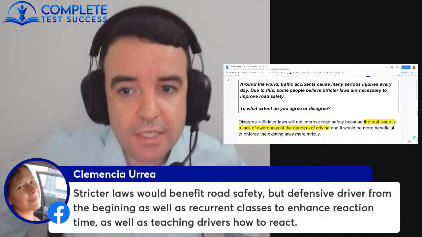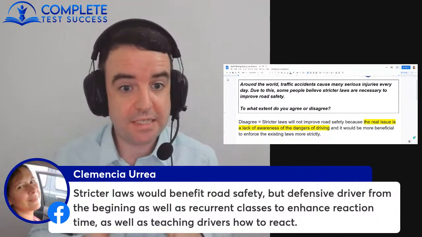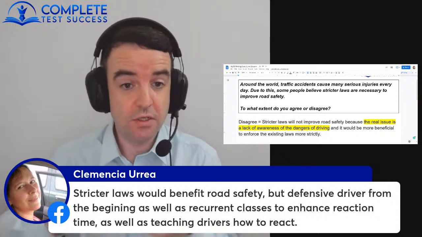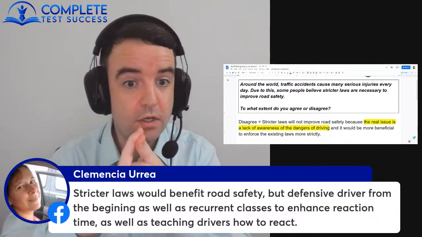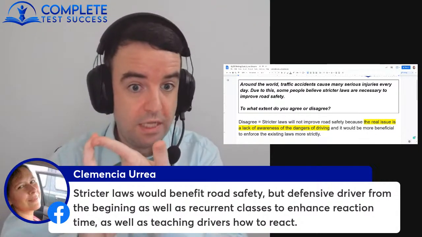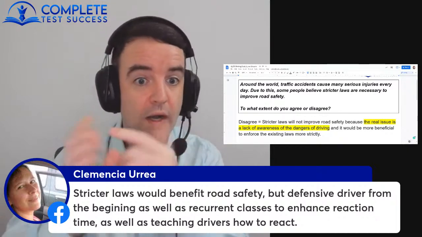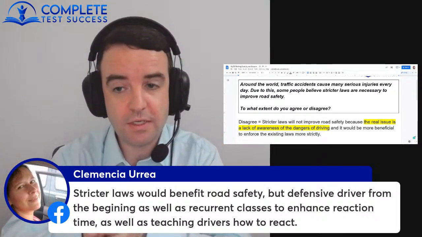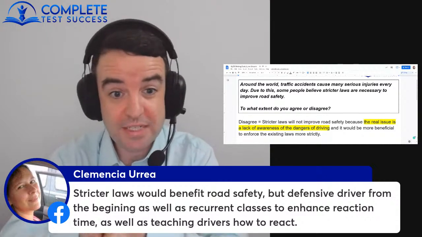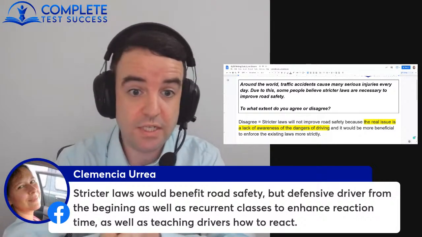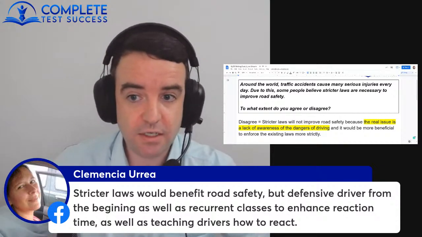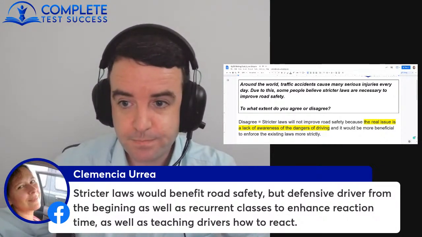So even though you're talking kind of loosely about the topic, you're not discussing what you've been asked to discuss, which is, will stricter laws work or will stricter laws not work? Those are your options. You cannot go outside of those two. You've been given a very specific thing to talk about in the question, and unless you talk about that specific thing, you're not getting a good task achievement score. It's as simple as that. So no, these ideas aren't appropriate. They're not relevant.